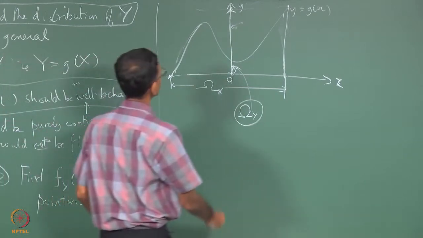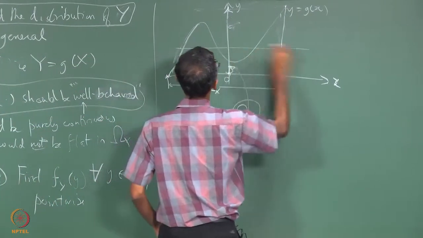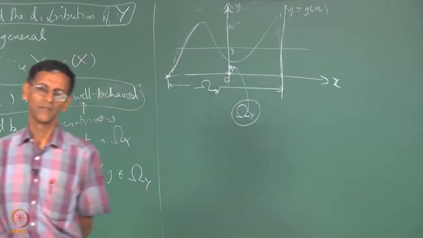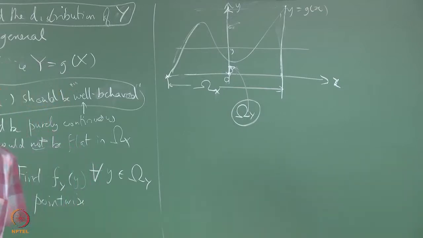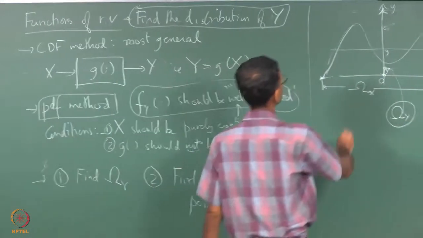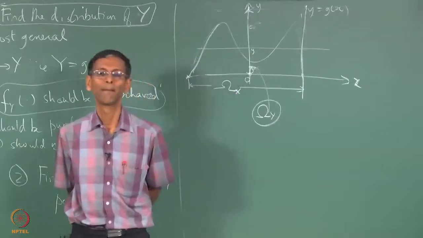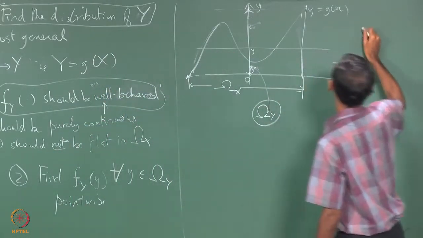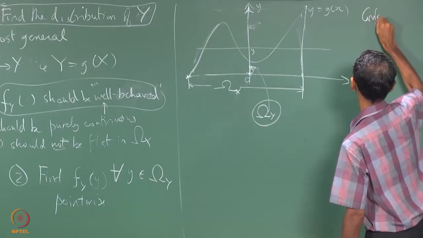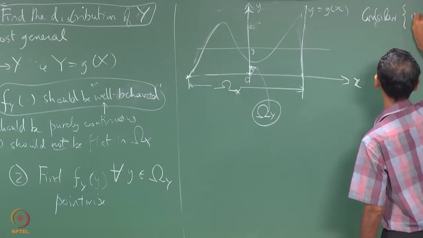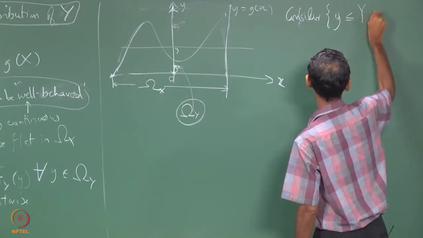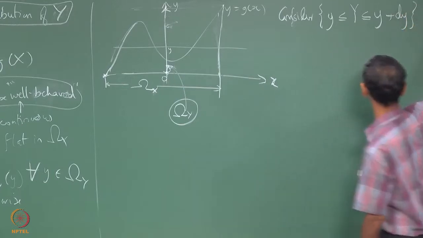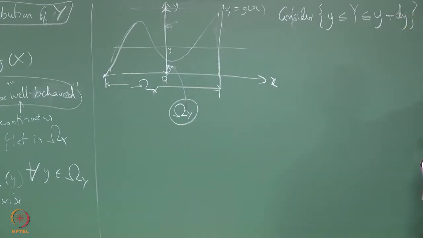Okay. So now if I pick some small y in that interval omega y, which corresponds to drawing a straight line like that, I am interested in the event that, let me start here, consider this event: small y less than capital Y less than y plus dy, for some small dy greater than 0.